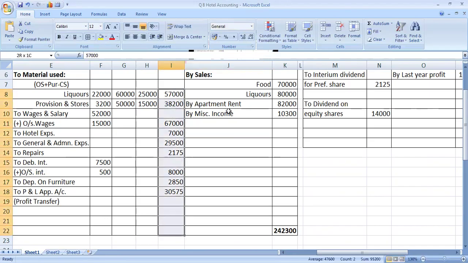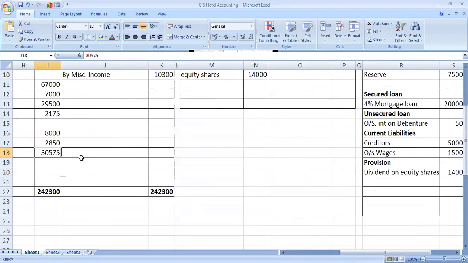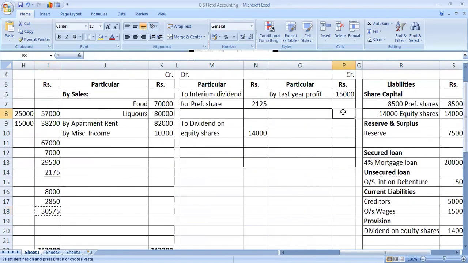Total of this debit side is 2,42,300. Both sides are equal. This balance is transferred to profit and loss appropriation account credit side, that indicates current year profit.